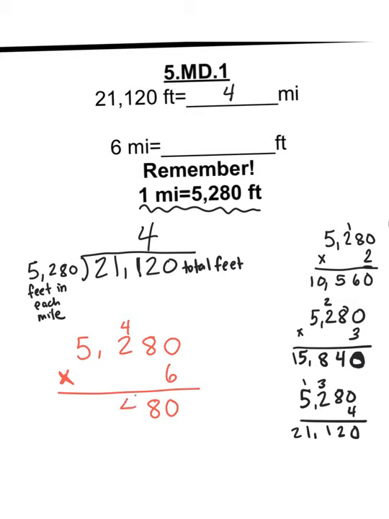Plus 4 more is 16. 6 times 5 is 30. Plus 1 more is 31. Oh my goodness. 31,680 feet. Wow.